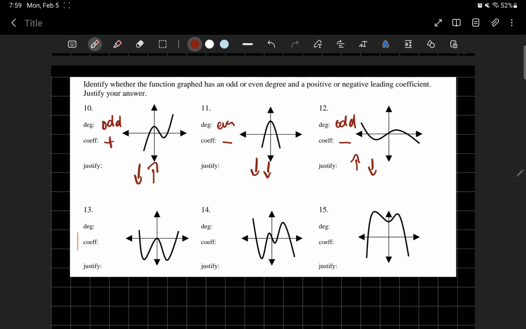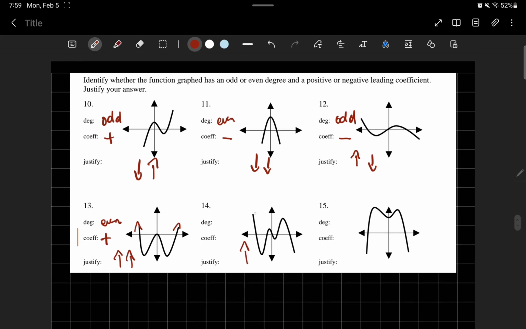Number 13. Rising, rising. So the degree is even. The coefficient is positive. Number 14. Rising yung left niya, then yung right niya, falling.